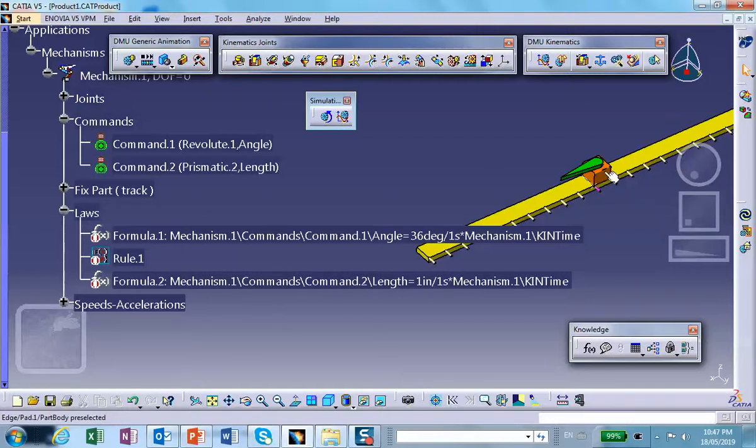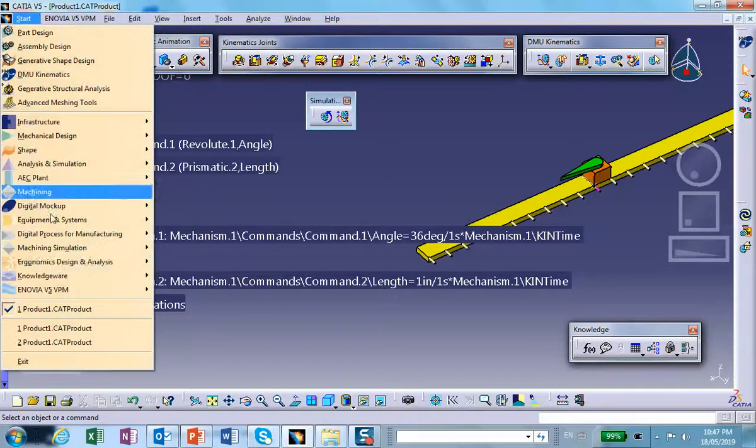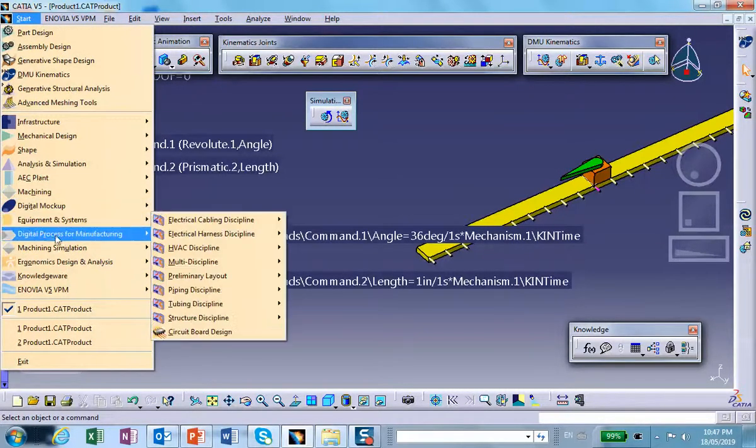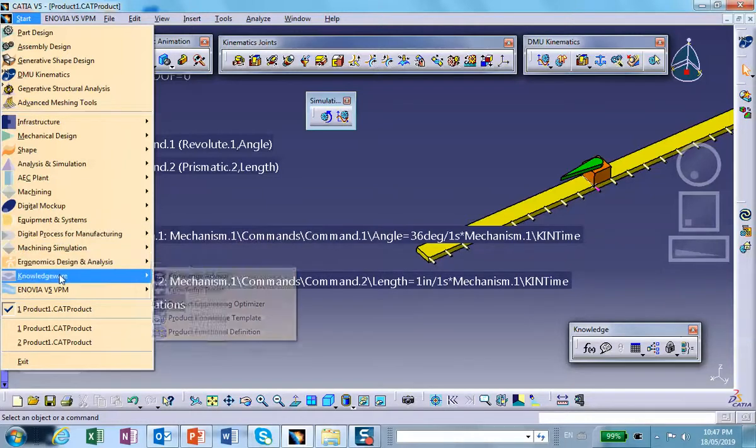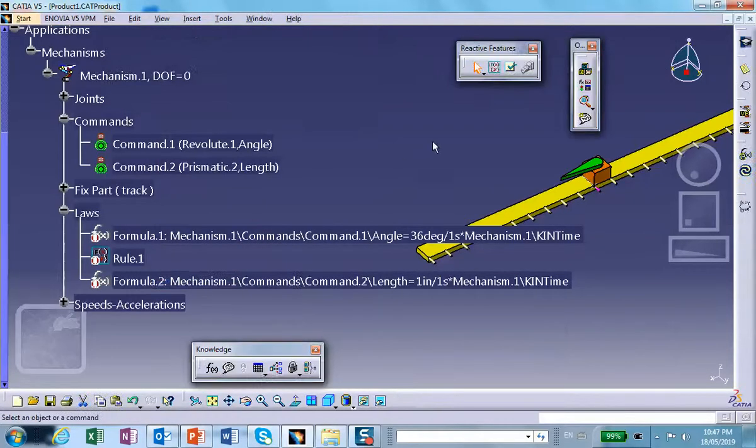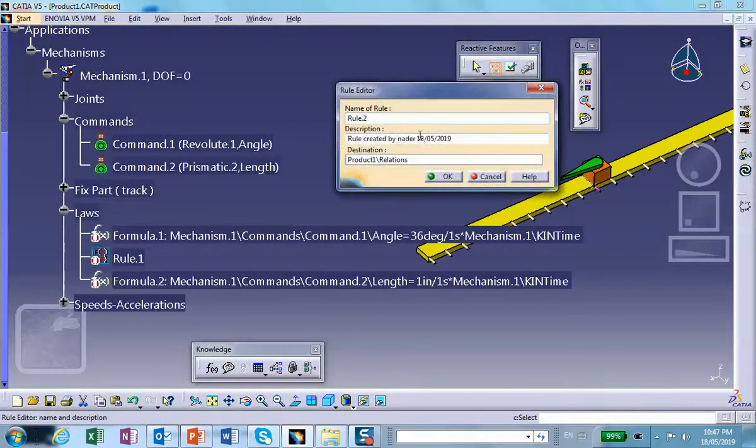So let's start with the propeller. So we go to knowledgeware, knowledge advisor. Click on this. Just so that I don't forget, I can change this and write it as this is for the prop. Okay, let's do it.